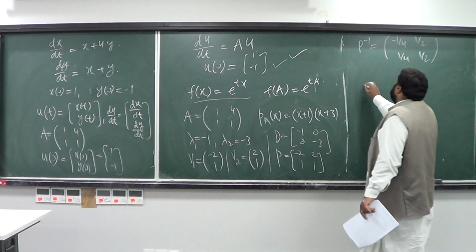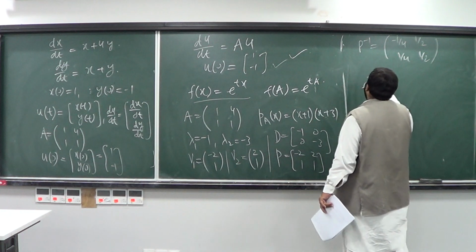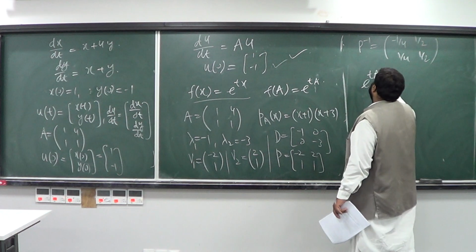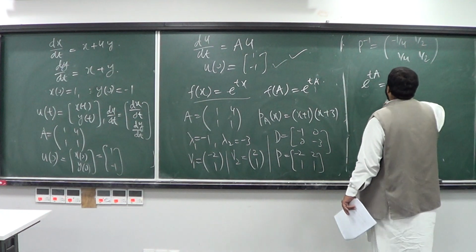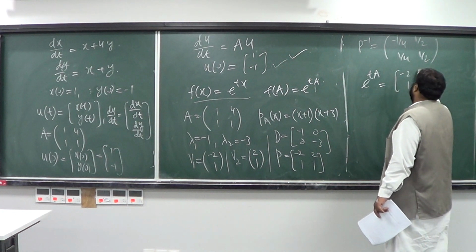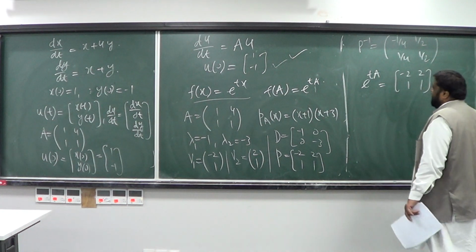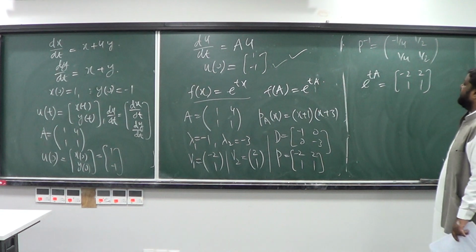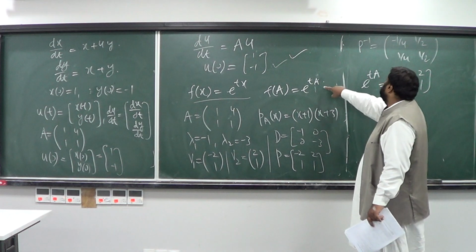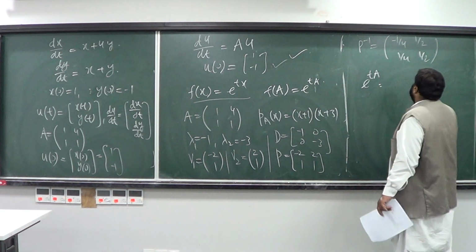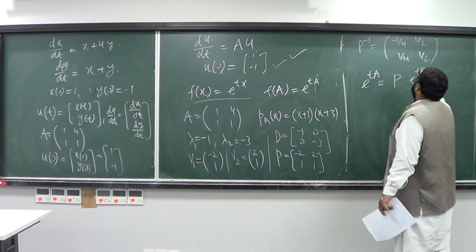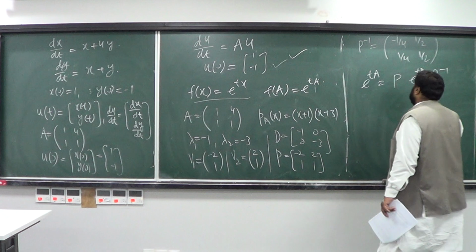So if I compute e to the tA, I need to take my matrix P, which is -2, 1, 2, 1, and calculate e to the tD. So e to the tA is going to be the matrix P, e to the tD, P inverse.